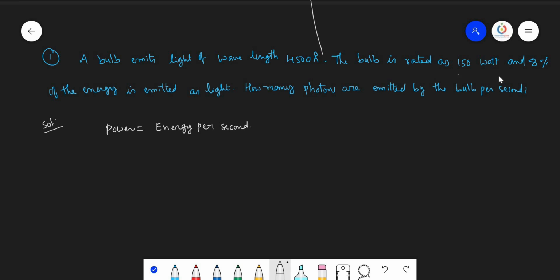And here they said 150 watts of the bulb, which equals, we know, 150 joules per second. And now, therefore, E, the energy, equals 150 joules per second.